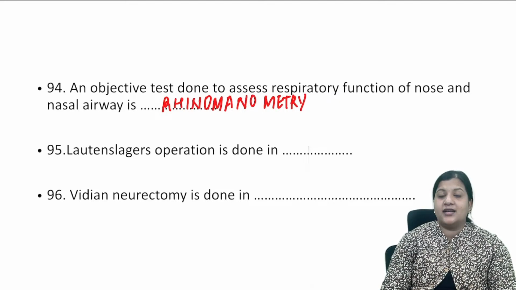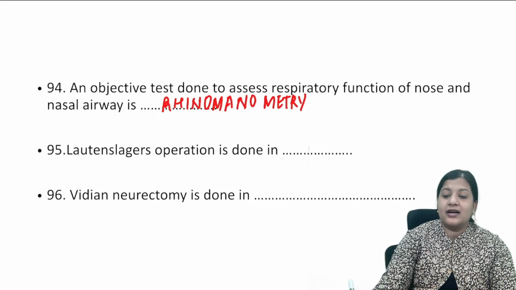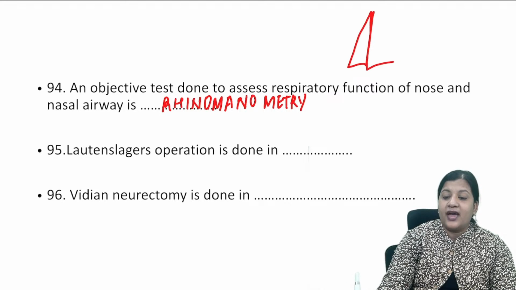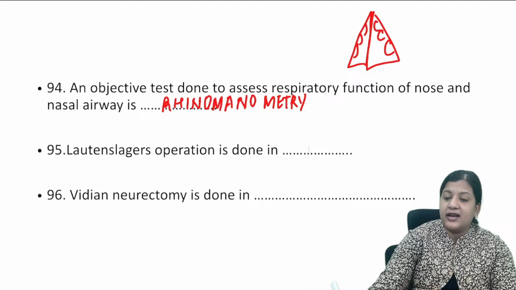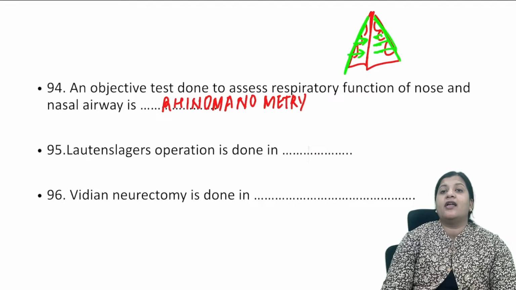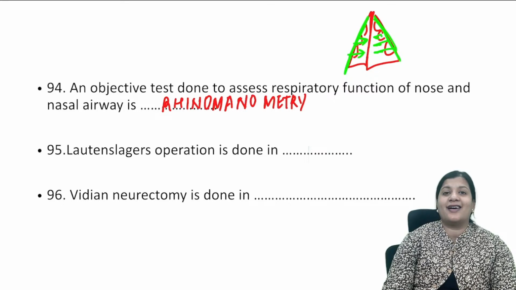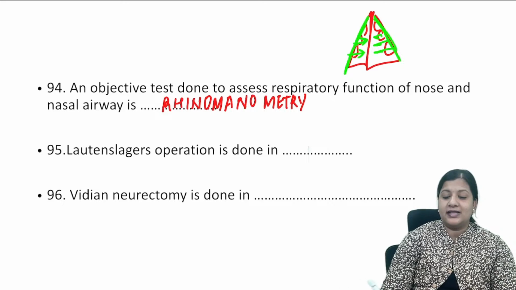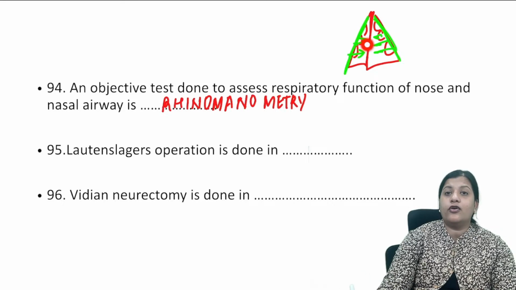Lautenschlager's operation is done for what? Lautenschlager's operation is a surgery where we try to medialize the lateral wall of the nose. So we push the lateral wall, this wall, medially so that we can reduce the nasal airway. That surgery is called Lautenschlager's operation, which is done for, no, not for DNS. See, we are pushing the lateral wall towards the midline.